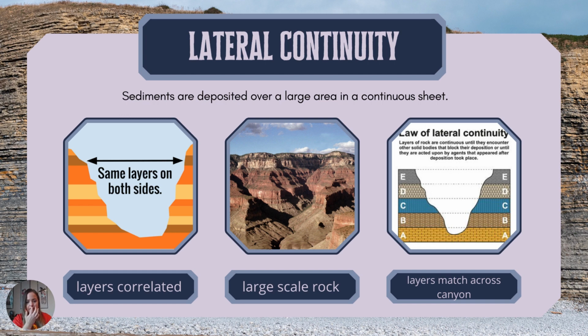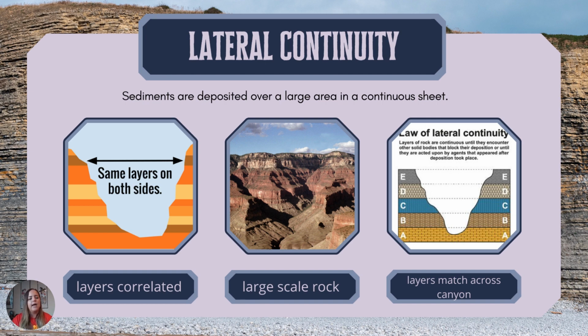All right, then we have lateral continuity, which is about sediments being deposited across a large area. When sediments are deposited, we don't generally see them truncate abruptly at the edges of those deposits, unless some other force is causing that.